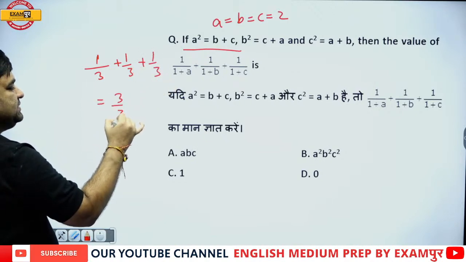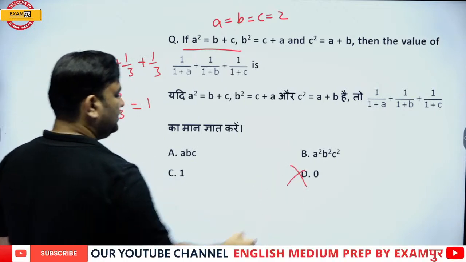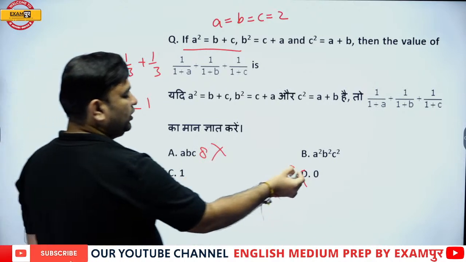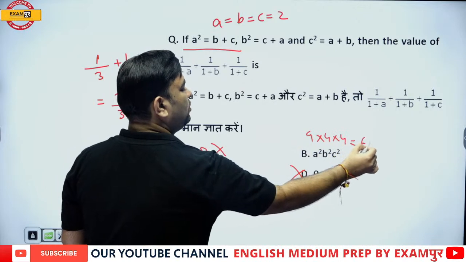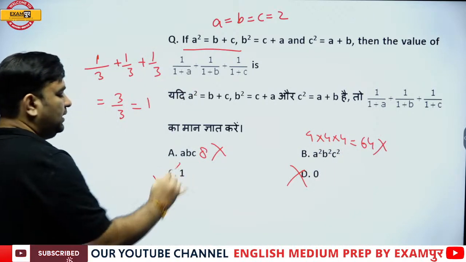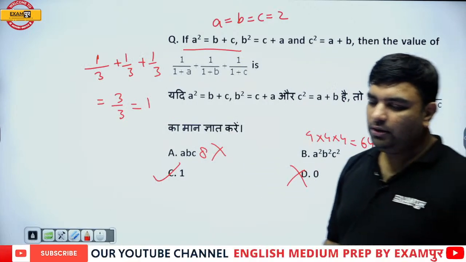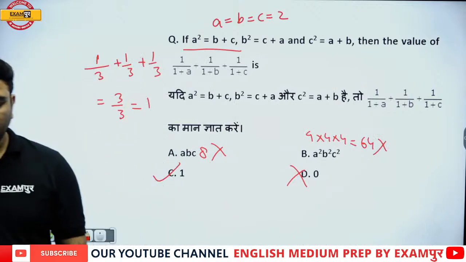Not this. On putting 2, 2, 2, this is 8, not this. On putting 2, 2, 2, this is 4 into 4 into 4, 64, not this. This is not exactly repeated, but mostly, yeah.